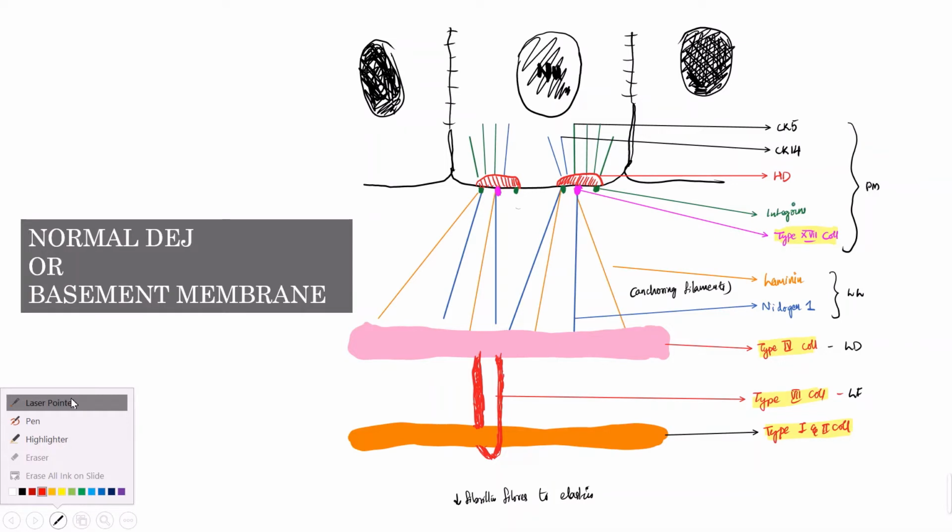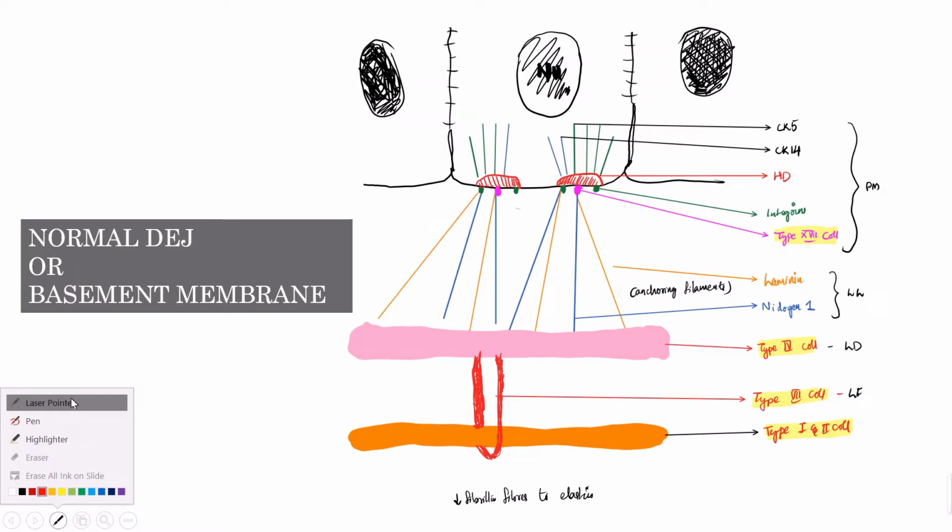This epidermis has a basal layer of keratinocytes, which has a lot of intermediate filaments between them, and what we need to know is that attached on the bottom surface of these basal keratinocytes are hemidesmosomes. So hemidesmosomes are pretty important in bullous pemphigoid, and the cell is attached to the hemidesmosomes by means of two cytokeratins, which are cytokeratin 5 and cytokeratin 14.